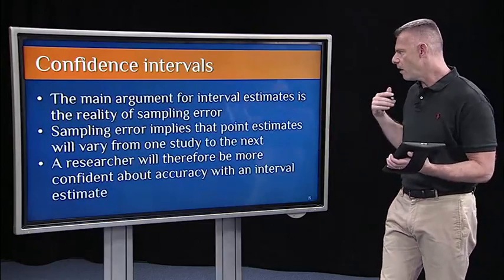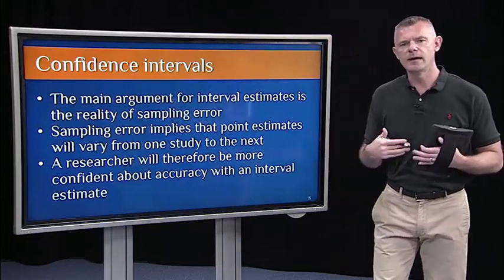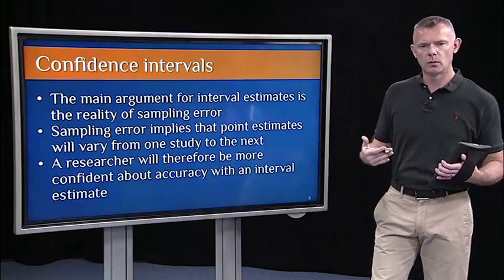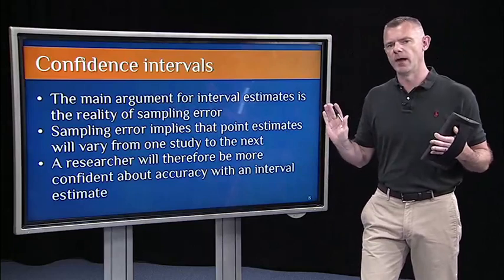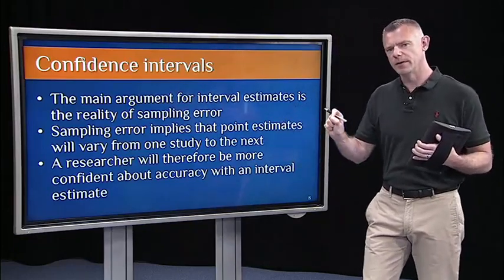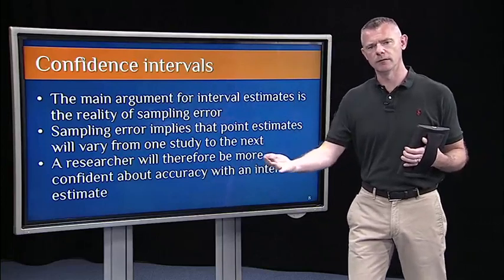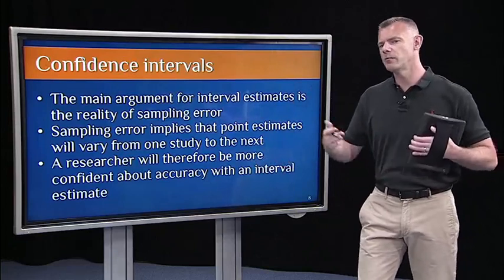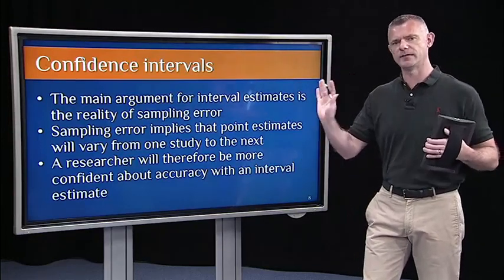And again, the main argument for interval estimates is the reality of sampling error. We know that we have sampling error, so let's just be upfront about that. If we're just reporting a point estimate, then we could be fooling ourselves. Worse yet, we could be fooling our audience, our readers. So why not report an interval and just acknowledge the fact that we have sampling error?